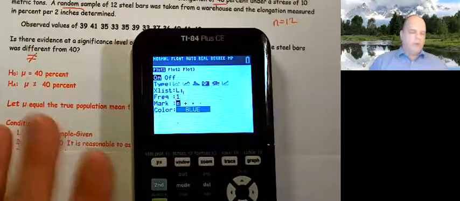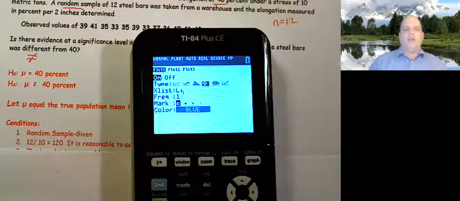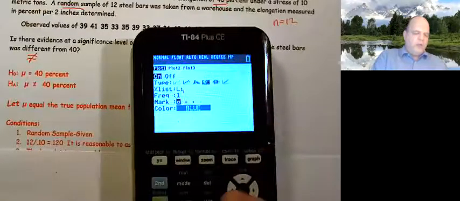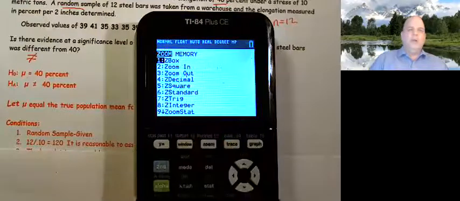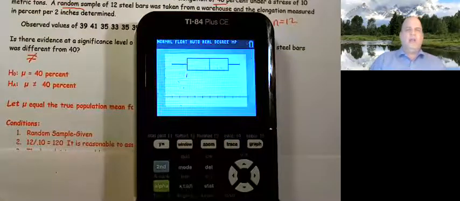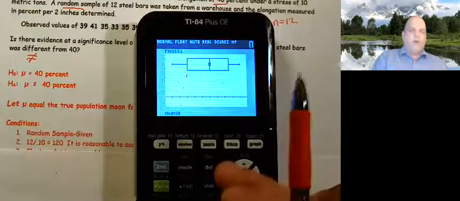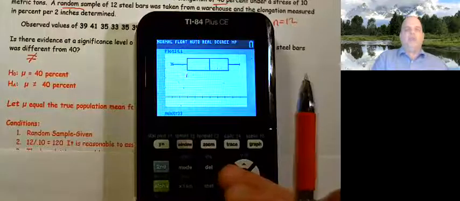This needs to say 1. Once you have that, press zoom, followed by the 9, and you get a box plot that looks something like that. Remember, you can use the trace feature in combination with the arrows to get the values.